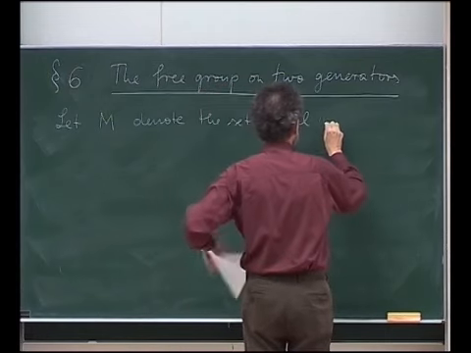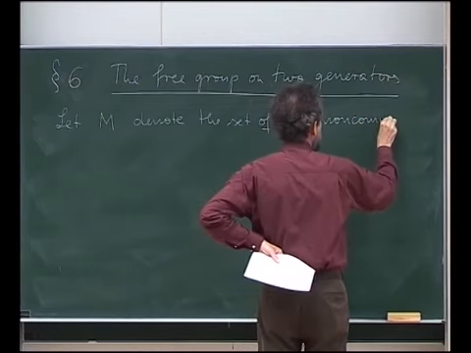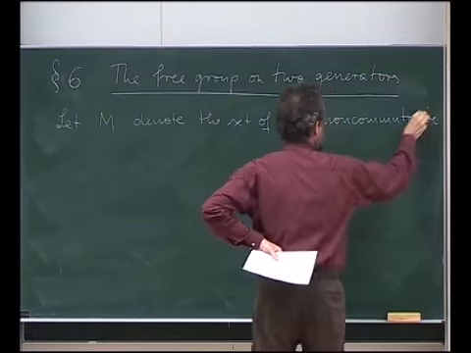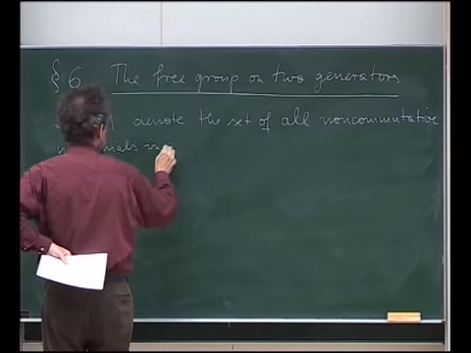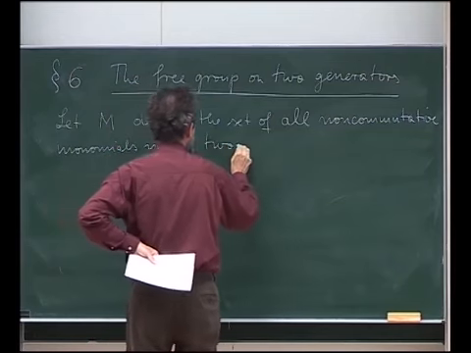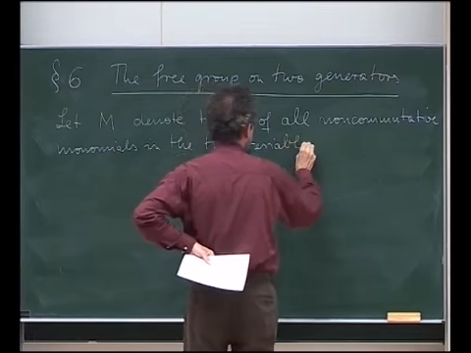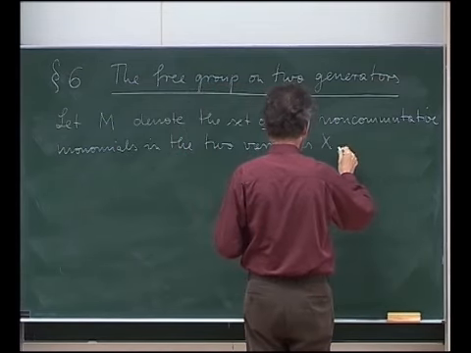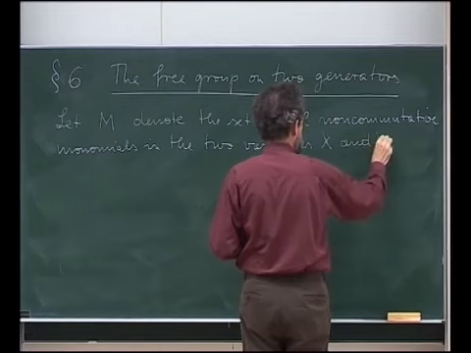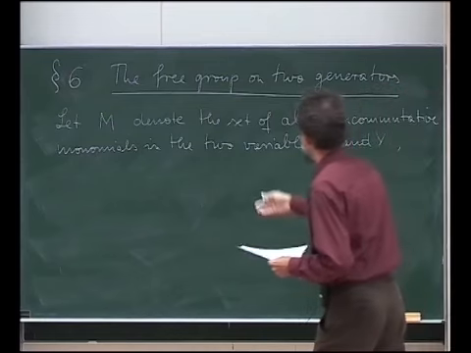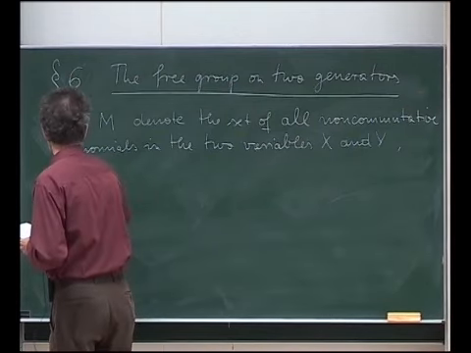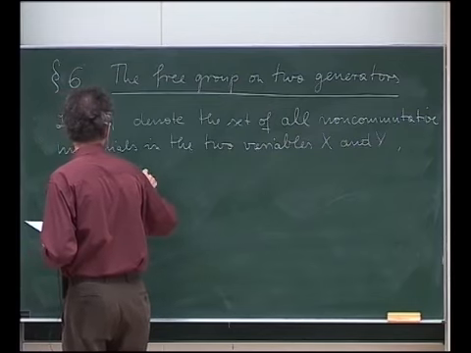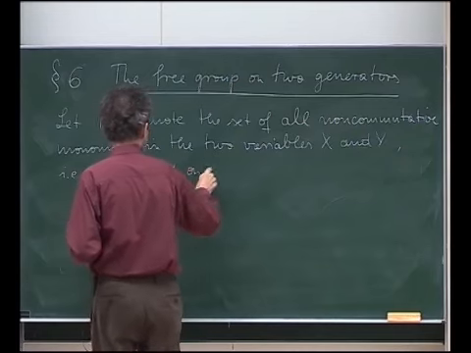So by M, I denote the set of all non-commutative monomials in two variables X, I call them X and Y. So, just sequences, finite products of X and Y in some sequence, where the sequence matters.